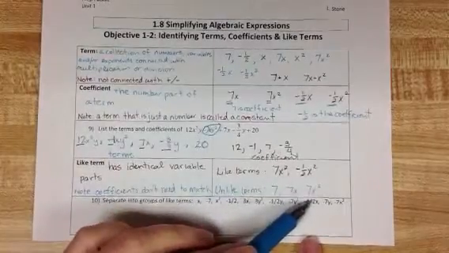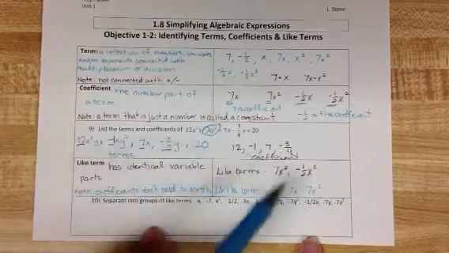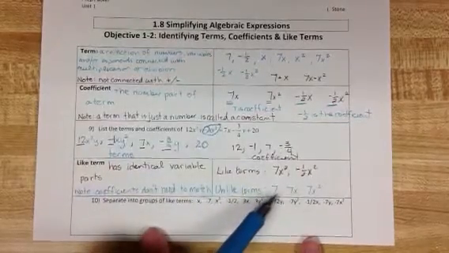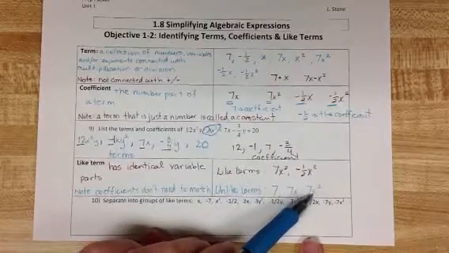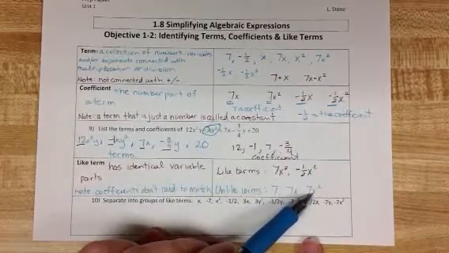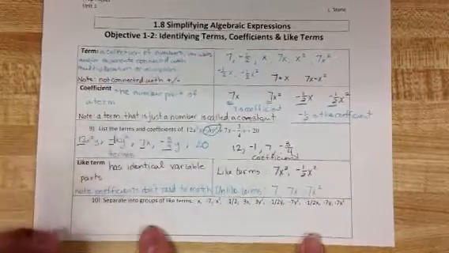They have matching coefficients, but the note says the coefficients don't have to match. The part that has to match is the variable part. And this one doesn't have an x, this one only has one x, and this one has two x's getting multiplied together. So these would be considered unlike terms.